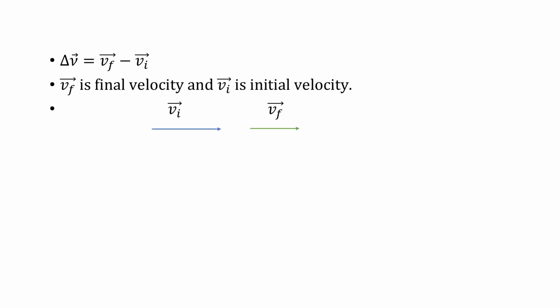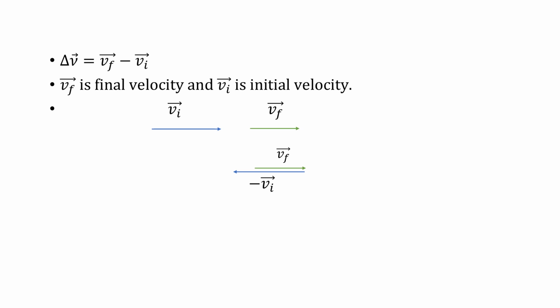Then for example, we're going to use two vectors, your initial and your final velocities. Notice that your initial is larger than your final. That should tell you that we're going to be going through some negative acceleration. We're slowing down. So we're going to take VF minus VI. Whenever you subtract the initial velocity from the final velocity, you need to flip it 180 degrees.